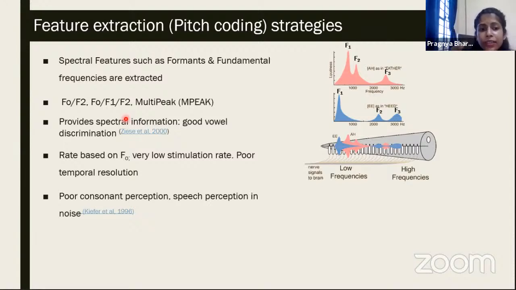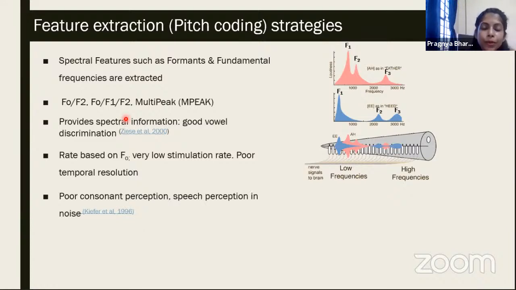Gradually they realized that just depicting the formant and F0 information was not sufficient. Picking up a greater number of spectral peaks gave higher spectral information. Because these strategies were able to give a good amount of spectral information, it resulted in good vowel discrimination compared to the envelope coding strategy.